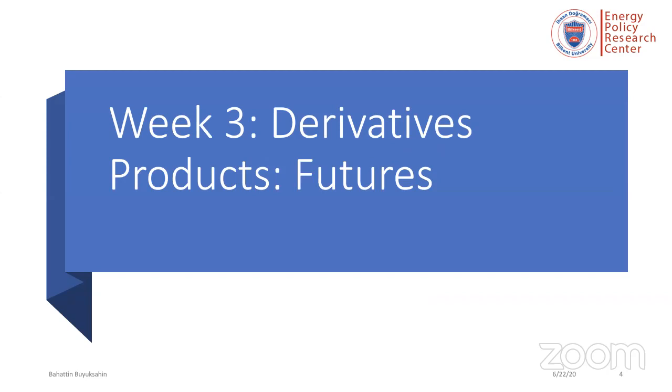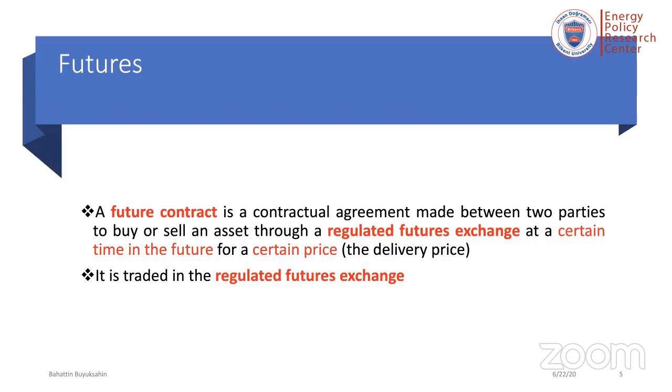As I said, this week, I want to talk about futures. A futures contract is a contractual agreement made between two parties to buy or sell an asset through a regulated futures exchange at a certain time in the future for a certain price. Again, the price is the delivery price.